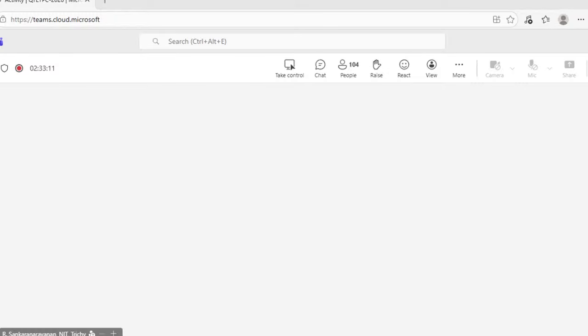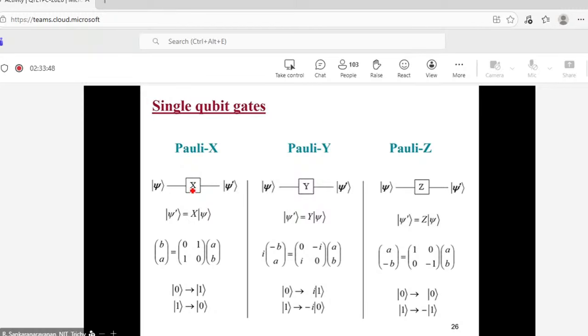You can verify by yourself. Sigma X is 0, 1, 1, 0. Sigma Y is 0, minus i, i, 0. Sigma Z is 1, 0, 0, minus 1. Now, these sigma X, sigma Y, sigma Z are denoted here as X, Y, Z, or Pauli X, Pauli Y, Pauli Z. So how are they operating? Let's say this is my X gate or Pauli X gate. Psi is the input state and psi prime is the output state.